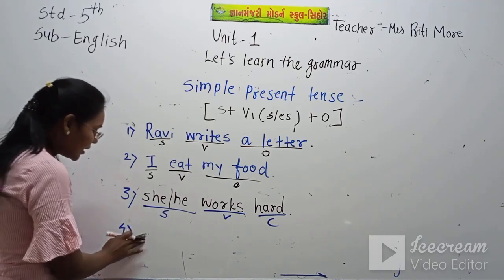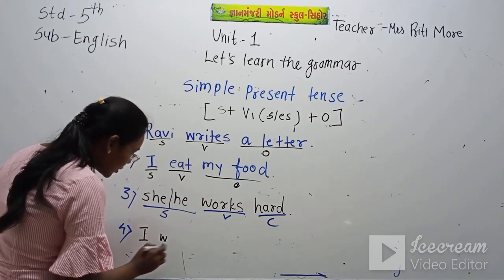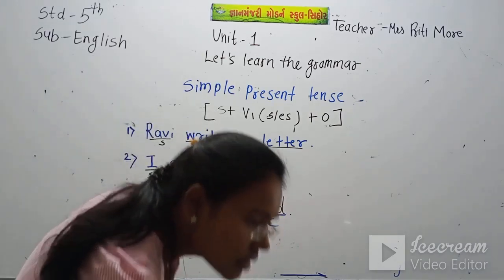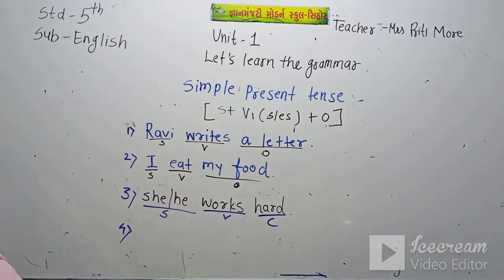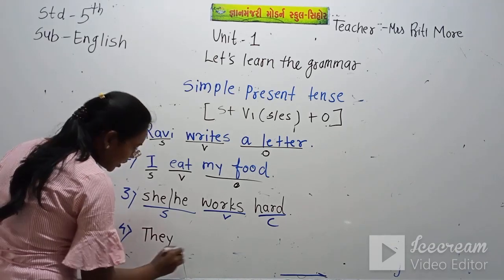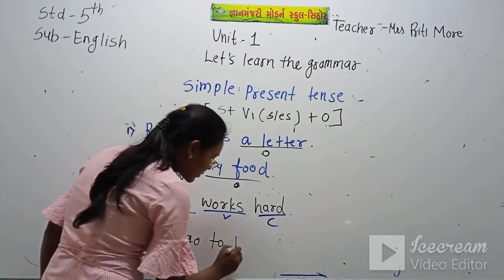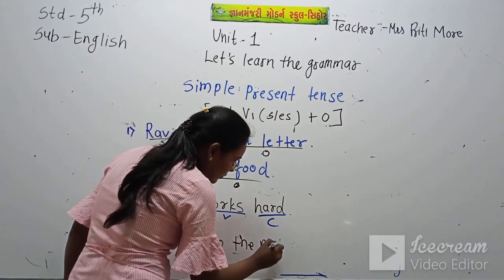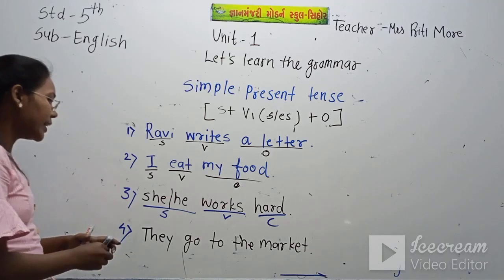Now the fourth sentence I write. I take another plural subject. They go to the market.